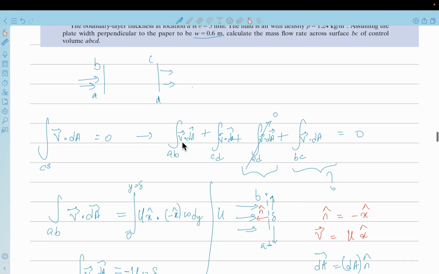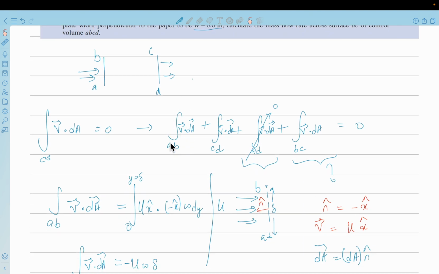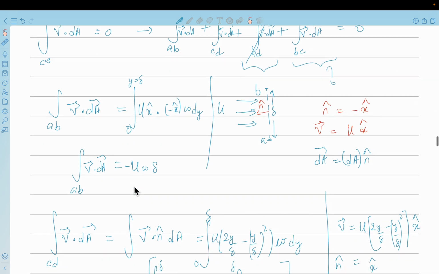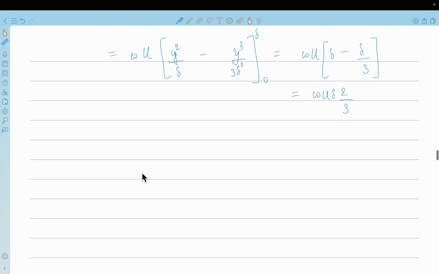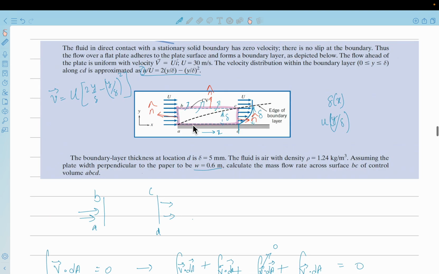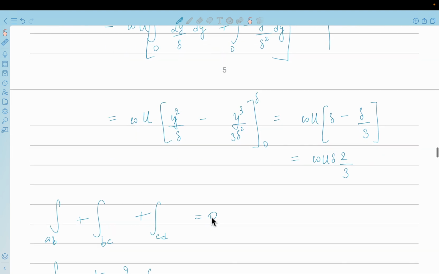So going back to our original equation, what do we have? Integral over AB plus integral over CD plus integral over BC is equal to 0. So let us take these expressions and write them here. What we need to find is integral over BC, plus you have this term 2 by 3 u delta w, and from AB we had minus u delta w.